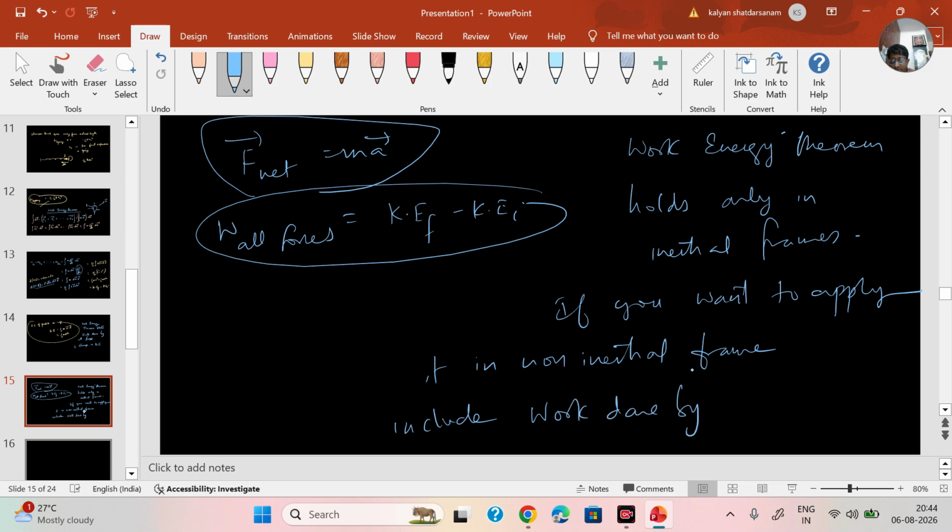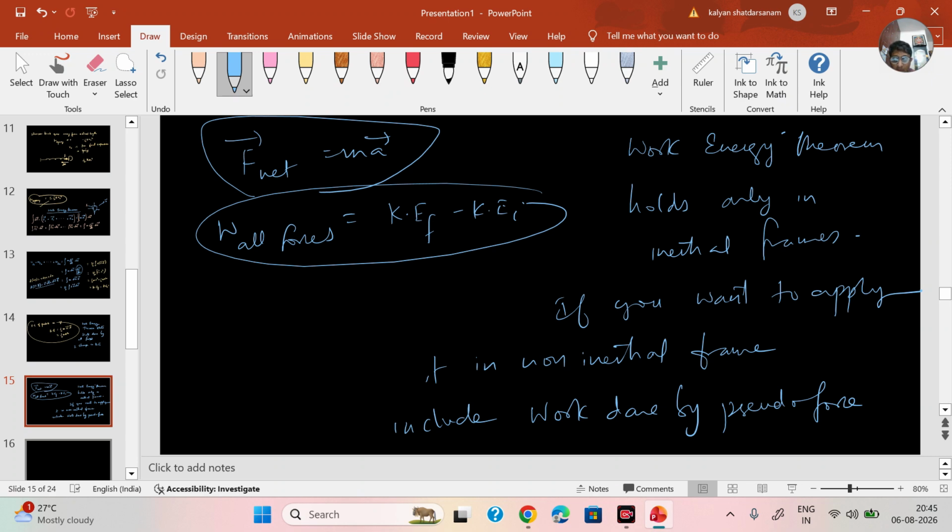Along with all the real forces, include work done by the pseudo force. Add it to the work done by the other, real forces. Then you can equate it to the change in kinetic energy in that non-inertial frame. There are one or two interesting questions on this. We will look at them down the line.